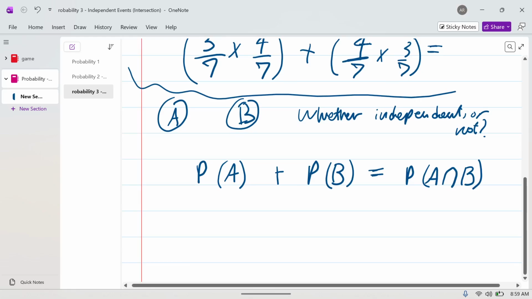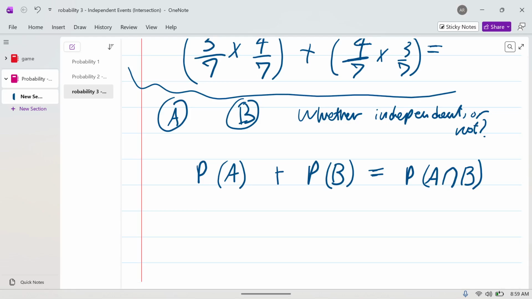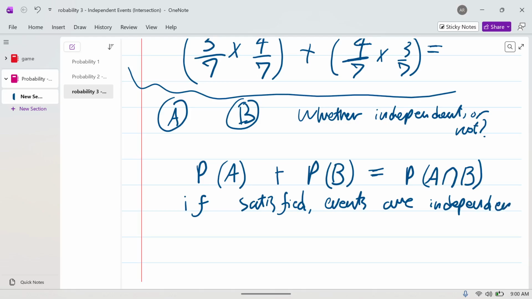And if this equation is satisfied, if the probability of A plus the probability of B is equal to the probability of the intersection of A and B, then they are going to be independent. I'm going to write it over here: if satisfied, events are independent. Okay?